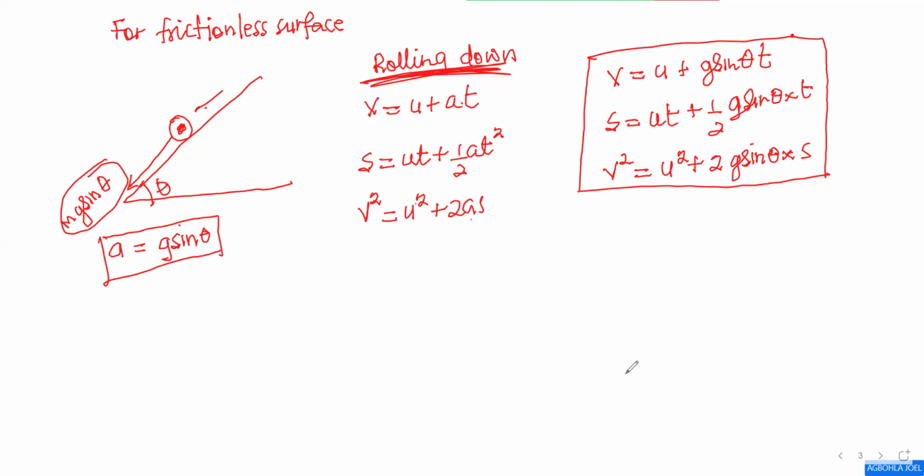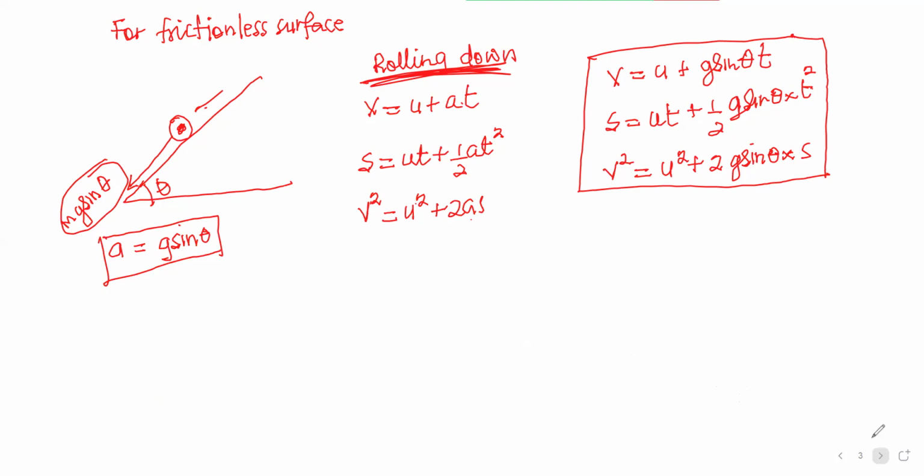Why is that? Oh no, T must be squared. Thank you. The only substitution we are doing is acceleration A equal to g sine theta, but the rest must appear. So thanks for the correction.